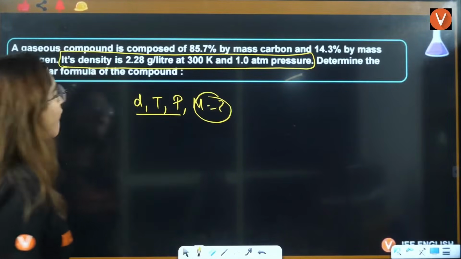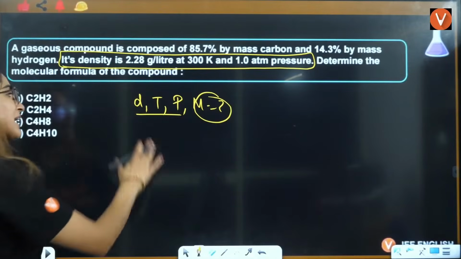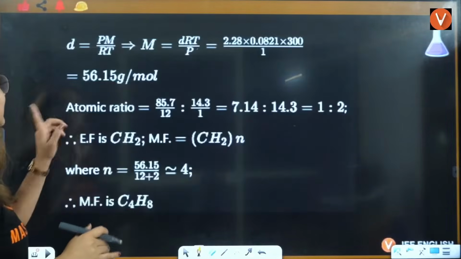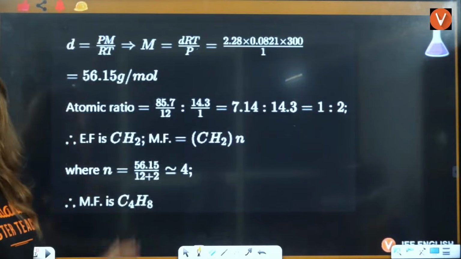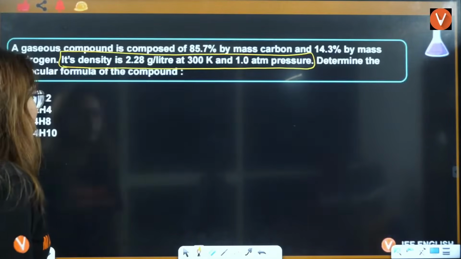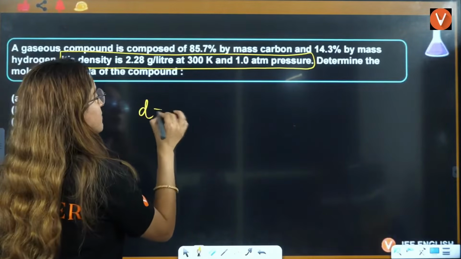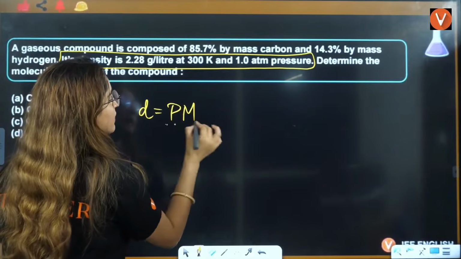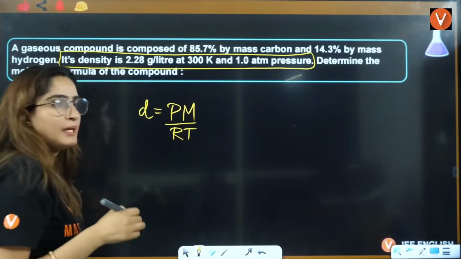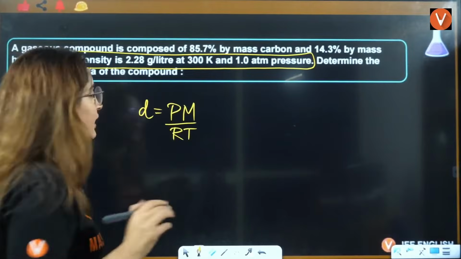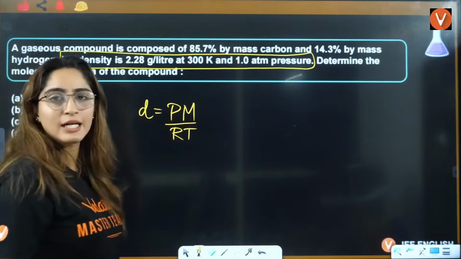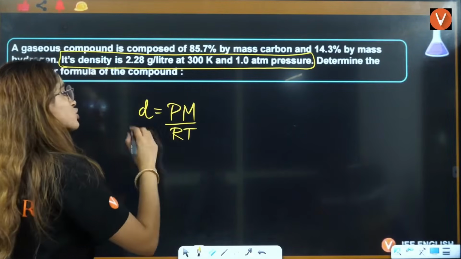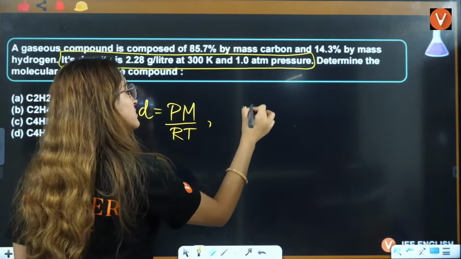So directly we will apply this formula, that is D is equal to PM by RT. How can you remember this? PM is right. Okay, D is equal to PM by RT.